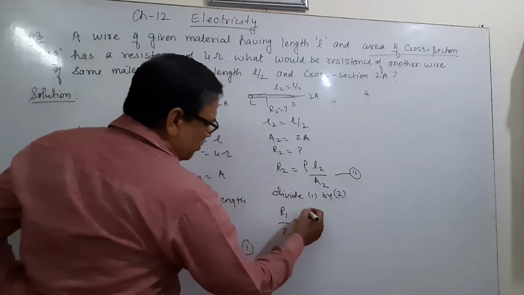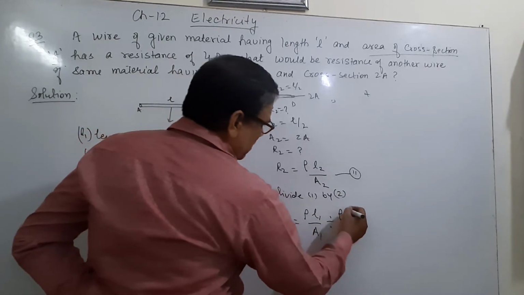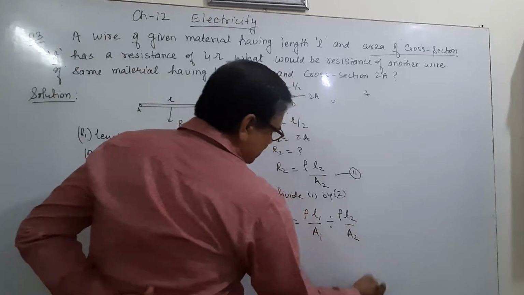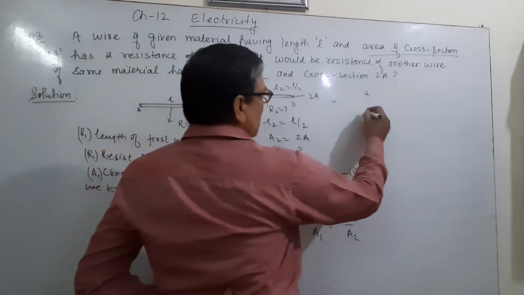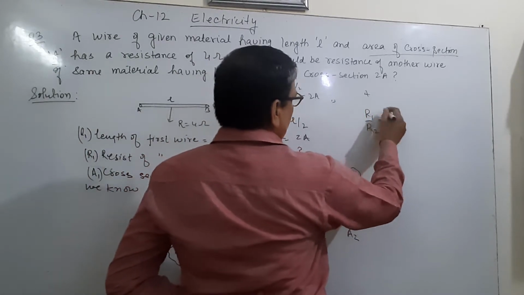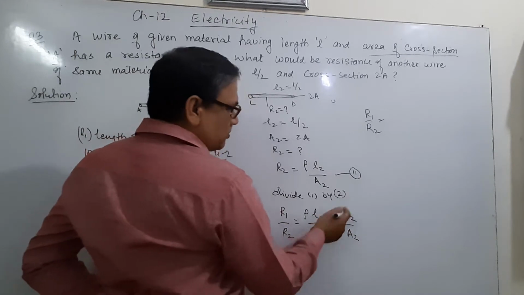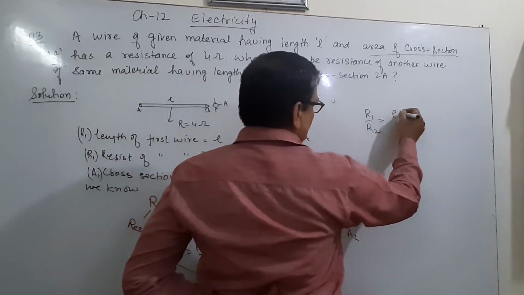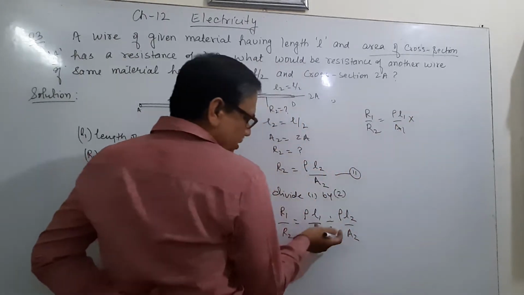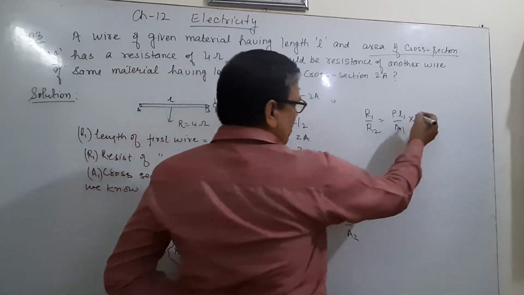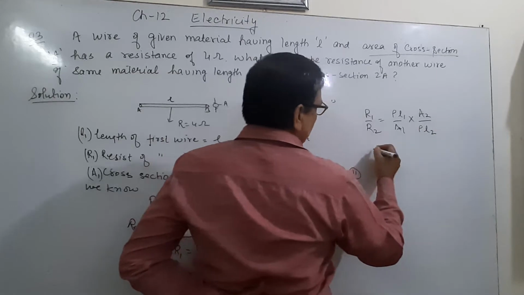This one, rho L1 upon A1, divided by rho L2 upon A2. When we change divide into multiply, we have to take the reciprocal. So R1 upon R2 is equal to rho L1 upon A1 multiplied by A2 upon rho L2.